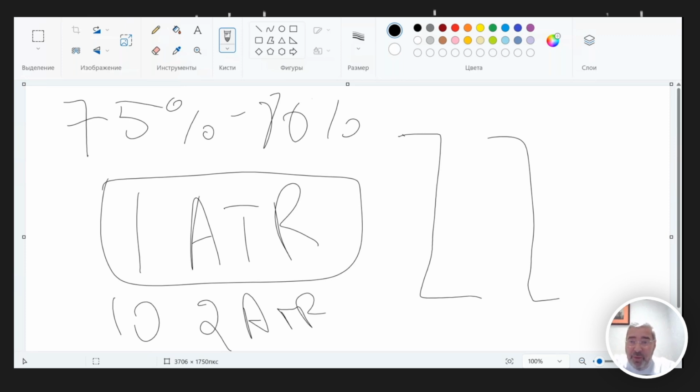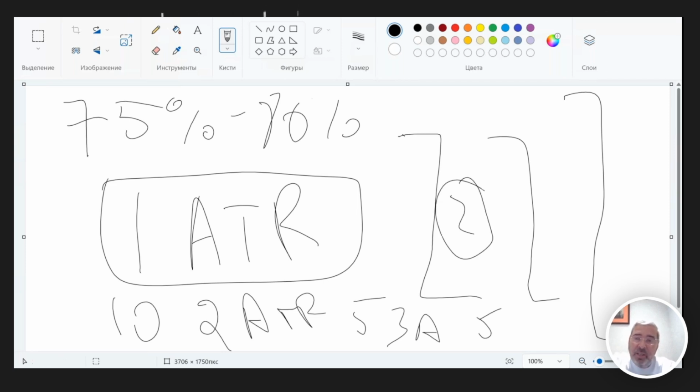So this is going to be a big bar like this. It's a paranormal. And maybe 5% the instrument goes 3 ATR or more. And also 5%, the instrument goes less than a half ATR. This is also called a paranormal bar.